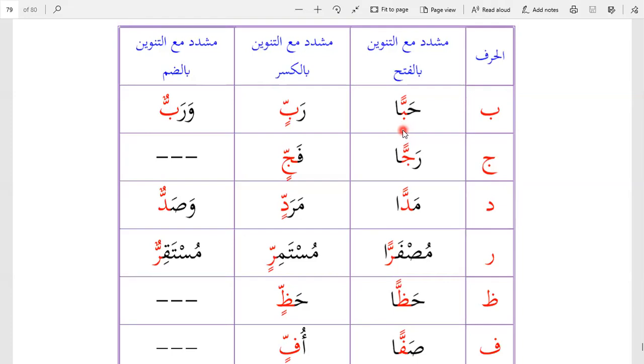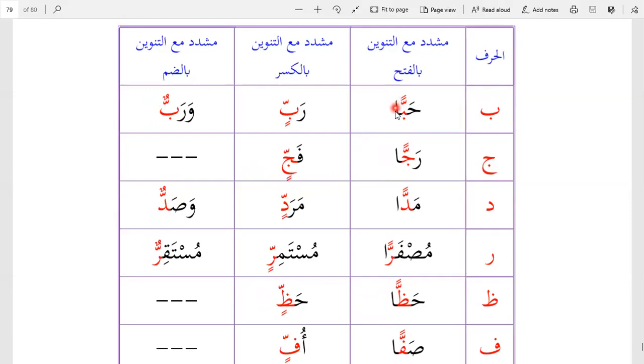Habban. Always the alif after the tanween al-fath disappears, right? So we said that the tanween only occurs at the end of the word, and after the tanween of fatha we put alif, except for a few exceptions that we mentioned before.